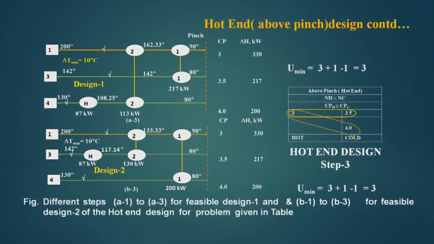So, the heat balance is over here. Now, here we see the number 1 stream is ticked off, number 3 stream is ticked off and number 4 stream is ticked off. So, the hot end design, that is design 2, is also over. So, we have successfully designed the hot end and we have developed 2 designs, design 1 and design 2.